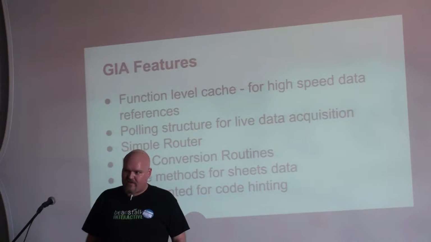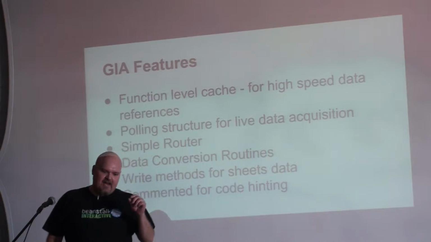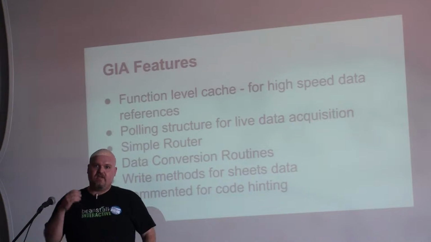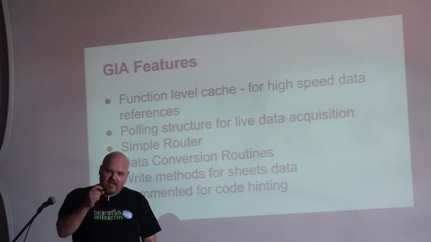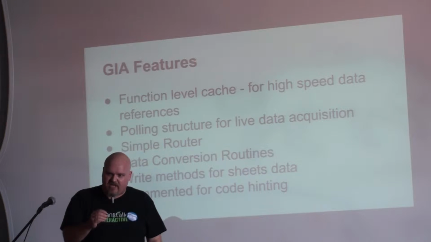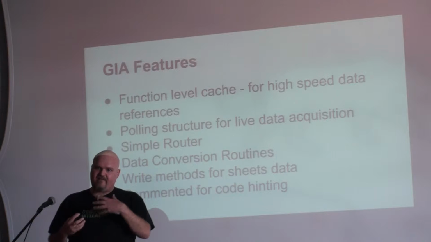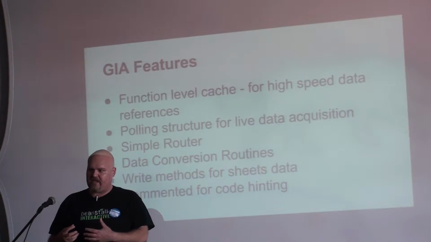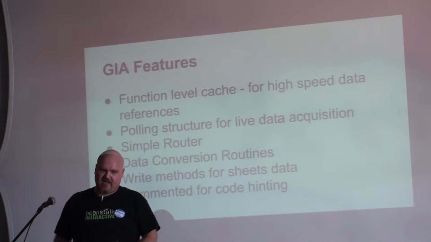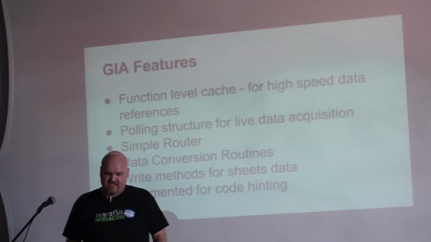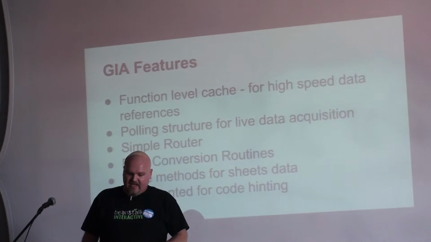There are built-in data conversion routines, so you can add JSON data into a cell in your spreadsheet, and when it outputs, it will have all of the keys and all of the assembled data as you put it together in that cell. It works really, really fast in that data conversion.